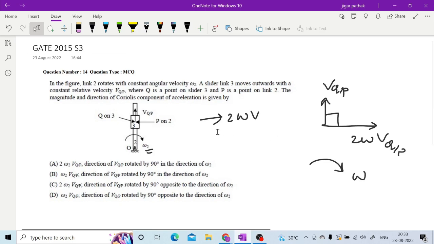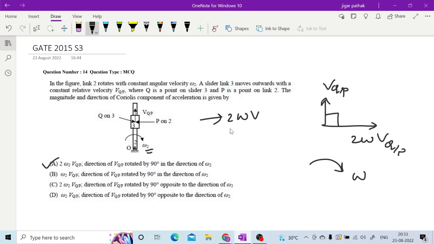No, no. I don't know why you are getting confused, but this one is the correct one. Answer A is the correct answer. You can check, and I will also check. See, the direction of the linear velocity of Q with respect to P is outward.